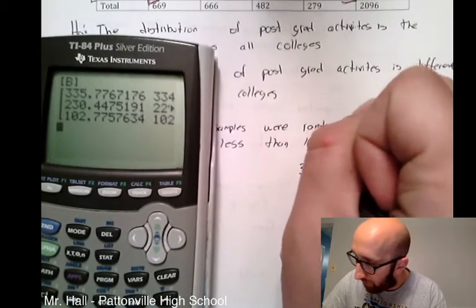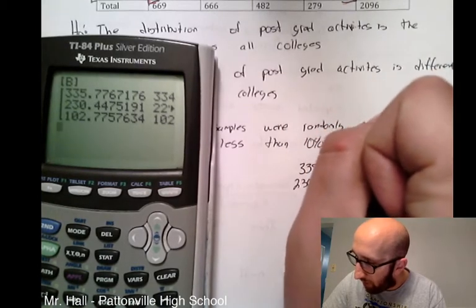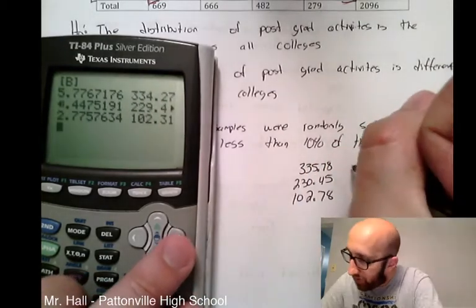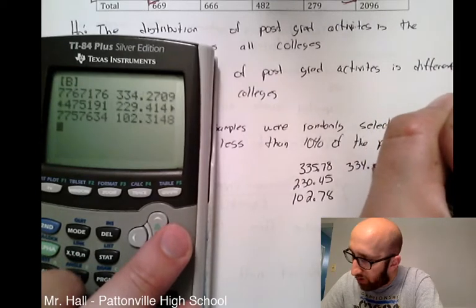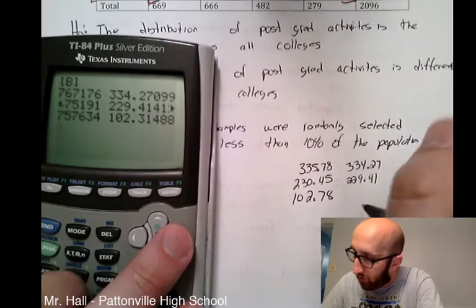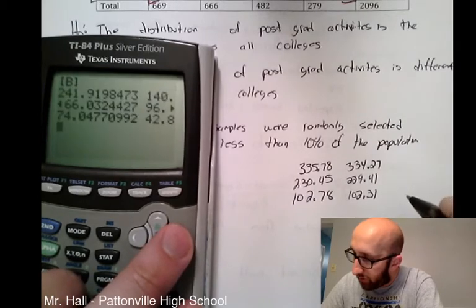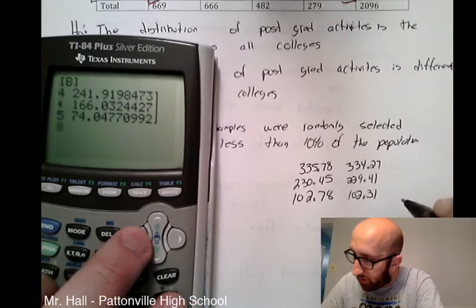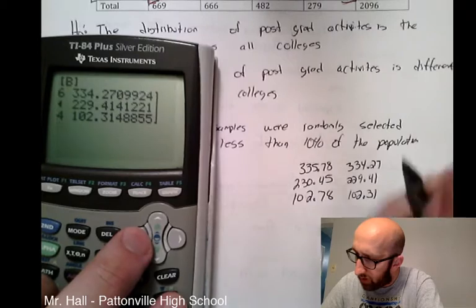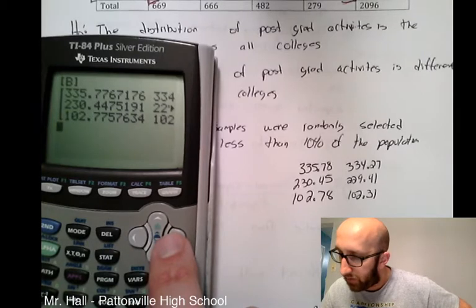So I'm going to have 335.78, 230.45, 102.78. In my next column, 334.27, 229.41, 102.31. I might have skipped a column here.